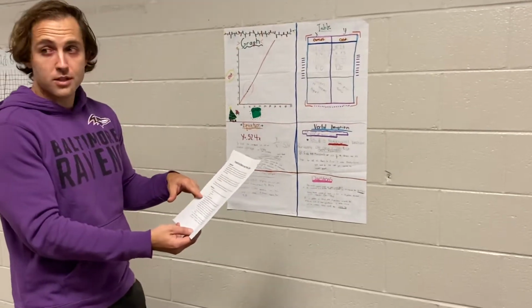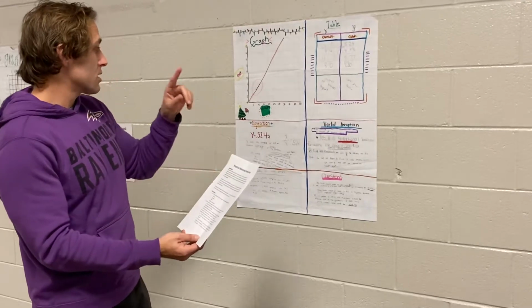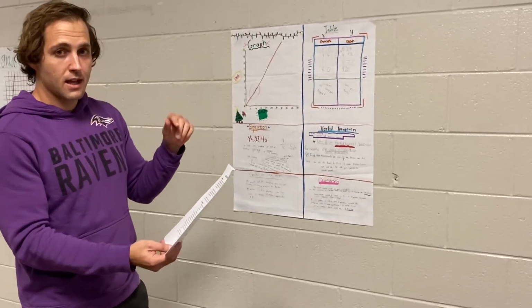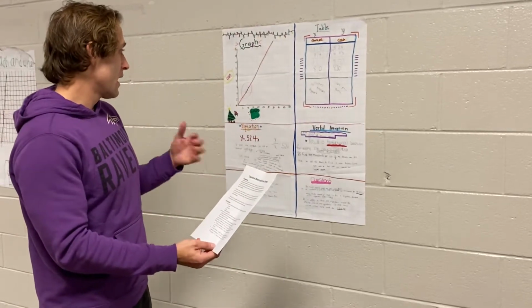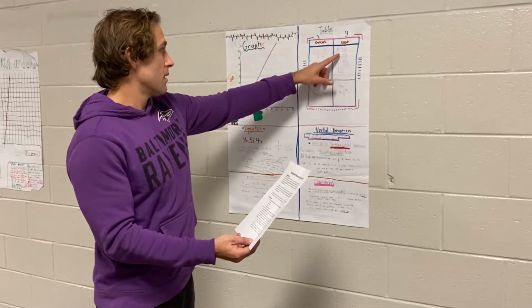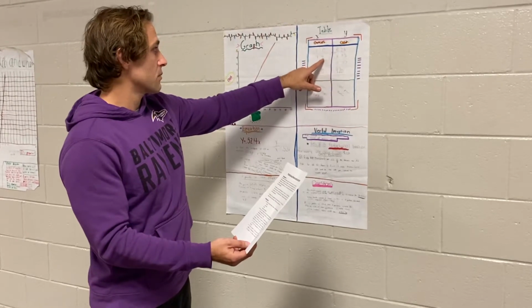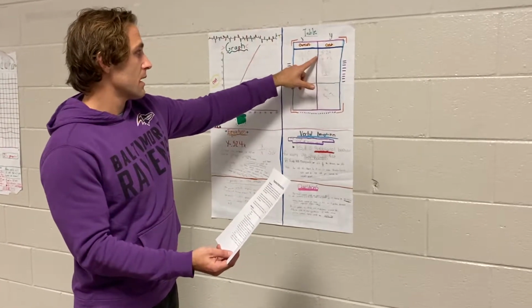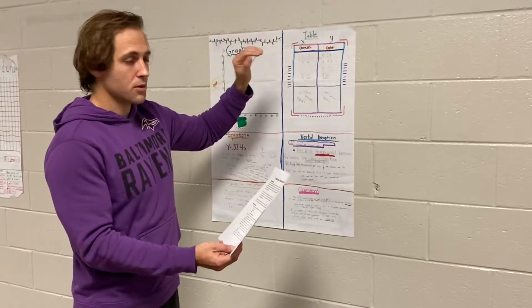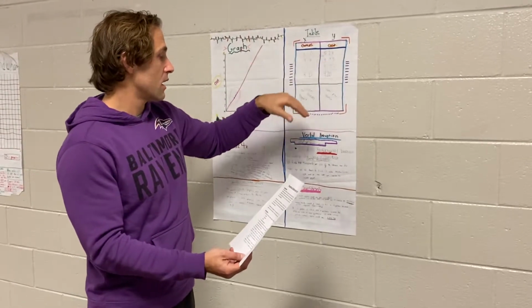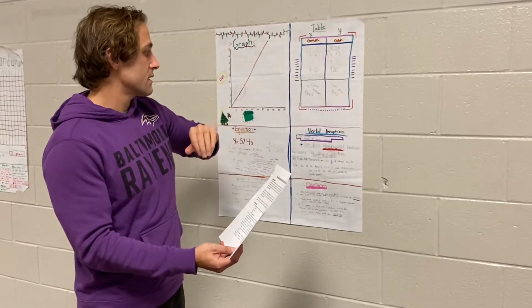Now, there are some more instructions for you though. Have they showed evidence that they understand proportional relationships with each of these representations? I would say yes. They have looked at the relationship between X and Y, and they said that X needs to be multiplied by 52 cents to get Y. It's talking about a relationship between frozen yogurt, the ounces, and the cost. So they've identified the constant in the table.